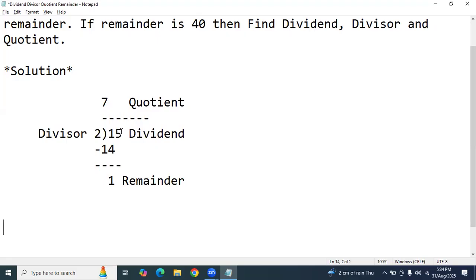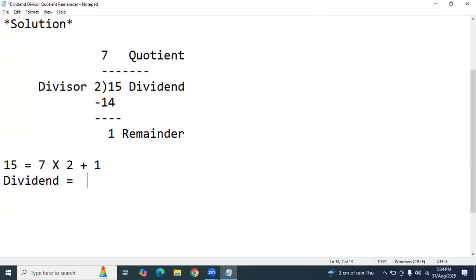And how can we represent this? In simple words, we can say 15 is equal to 7 into 2 plus 1. So basically, dividend is equal to quotient, that is 7, into divisor, 2, plus remainder.